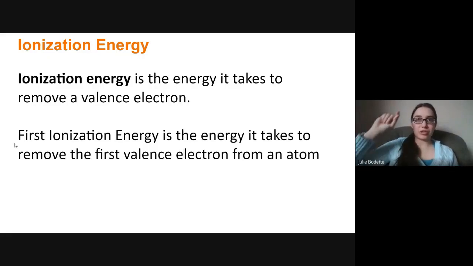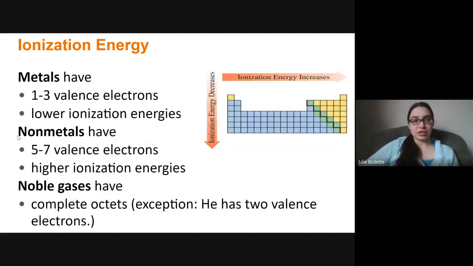It would be hard to draw a nice little graph with the periodic table and compare every single electron in every single atom. So for example, compare oxygen and fluorine: which one takes more energy to remove the first electron from? That would be talking about first ionization energy.